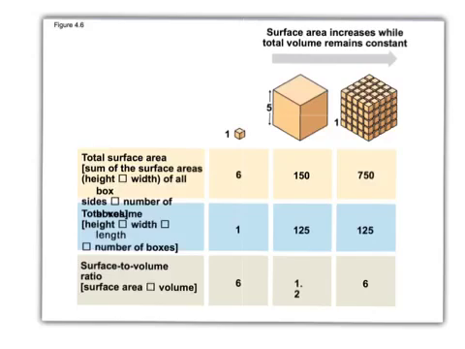The volume is 1, length times width times height. So based upon the surface area, the faces of the die, divided by the volume, your surface area to volume ratio is 6 for one of them.